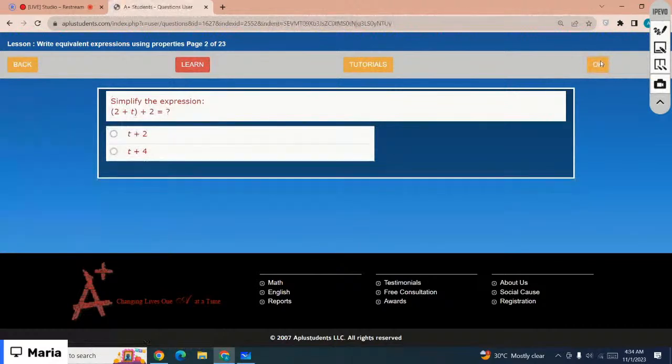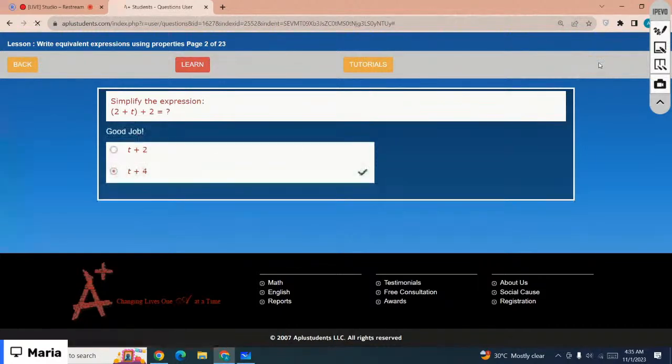Okay, simplify the expression, which is the correct option. Yes, it is t plus 4, option number B is the correct option.